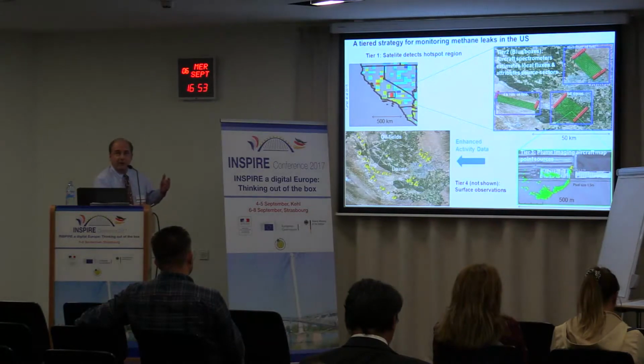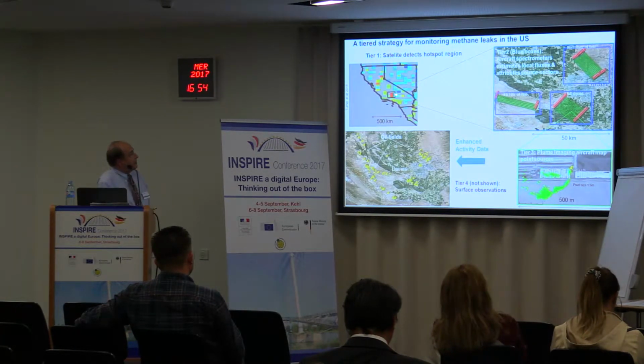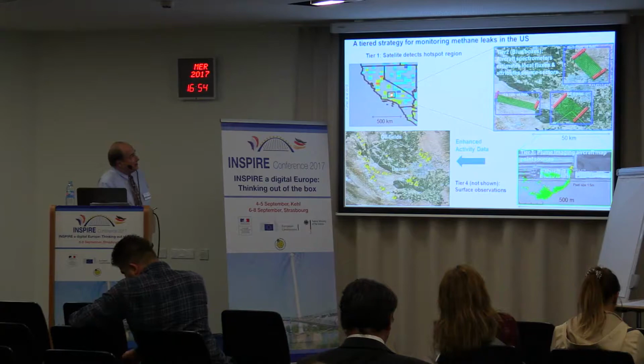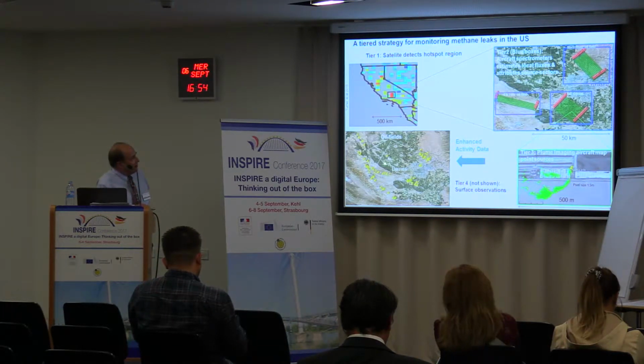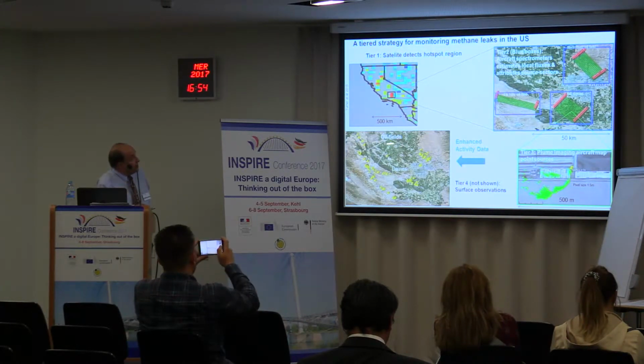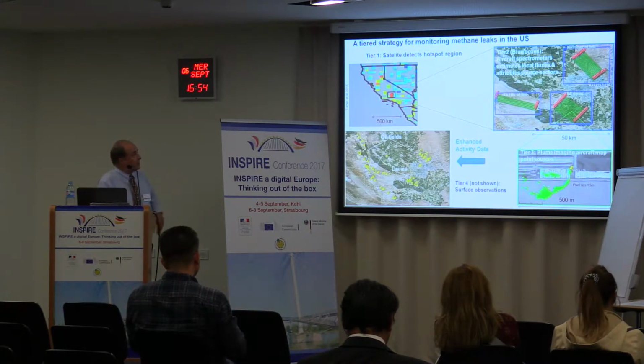Here's another example of how advanced technology in optics and photonics can improve our ability to reduce methane emissions. Here is a pixel. This is a hotspot of methane concentration that was observed from space. Here you can see what's going on in that vicinity of California, and you can see there's a lot of oil and natural gas fields, and dairy activities which have a lot of methane from the waste management.